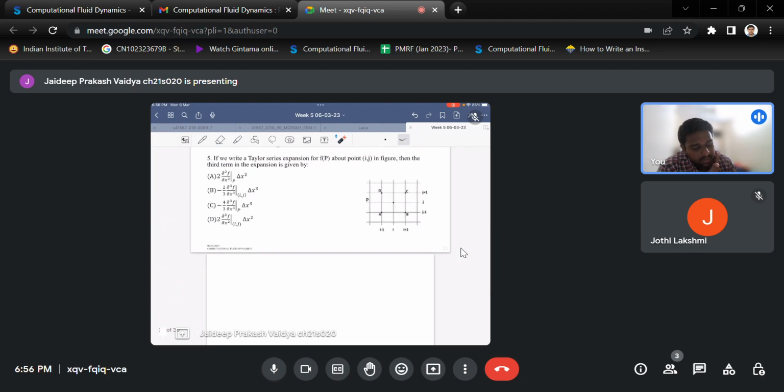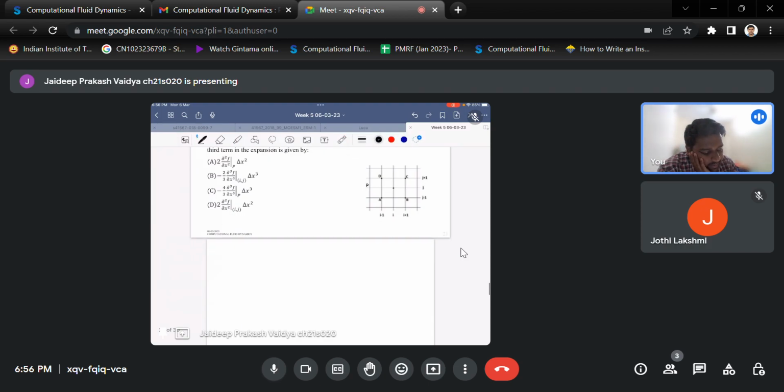So in the next question, question number 5 of the graded assignments for week 5: if you write a Taylor series expansion for the function at the point P about the point i, j in the figure, then the third term in the expansion is given by what? Suppose this is the point P, we write it as i minus 2, j.